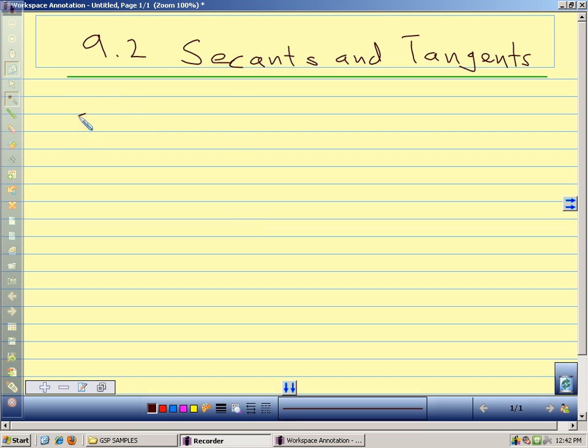So a secant. A secant is a line that intersects a circle in 2 points.